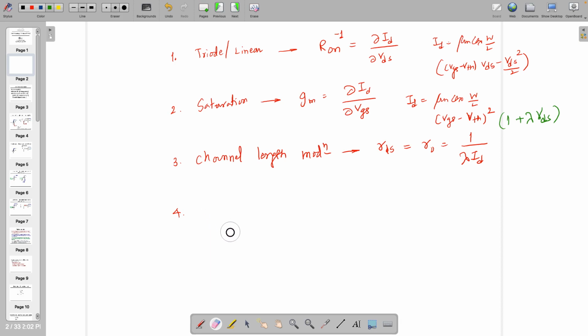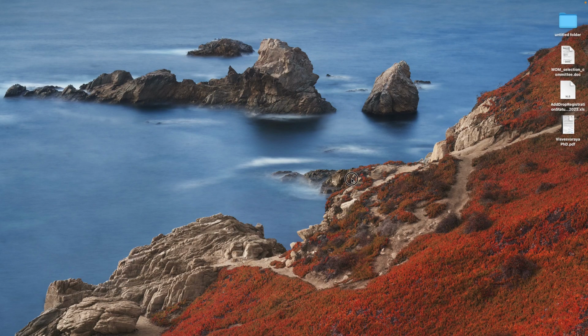There is some problem with body effect. You will experience some extra GMBS.